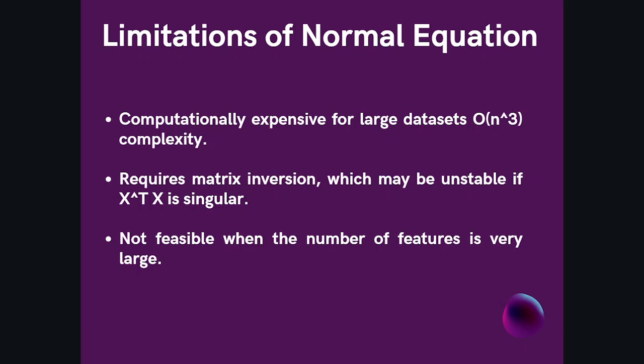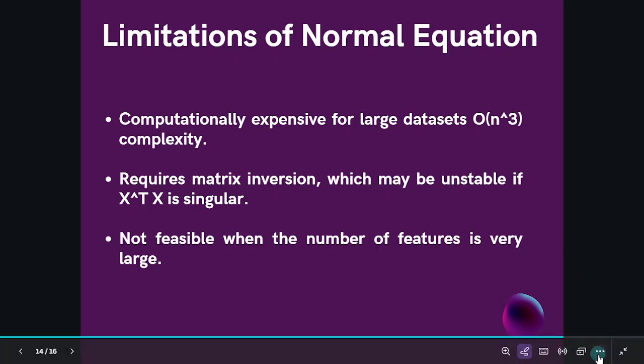The second point is that it requires matrix inversion, which may be unstable if X transpose X is singular. Now what do you mean by singular? Let me explain with the pen.